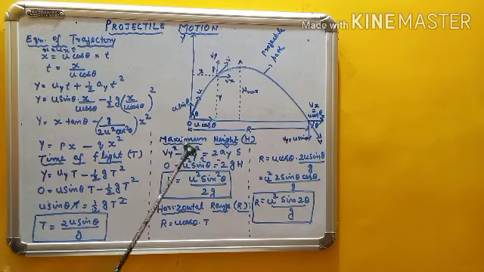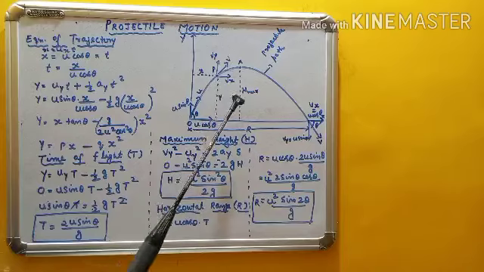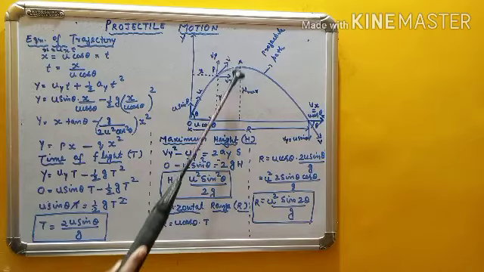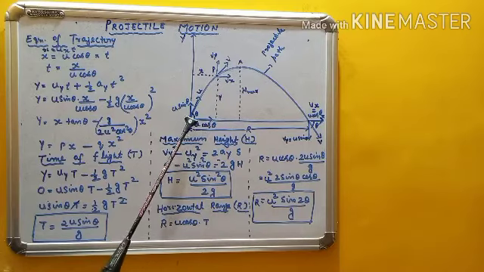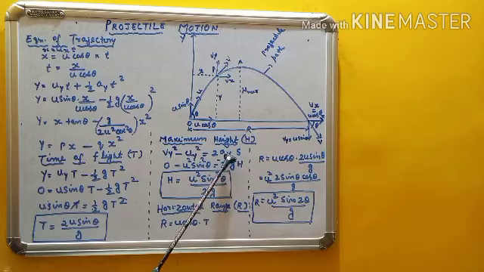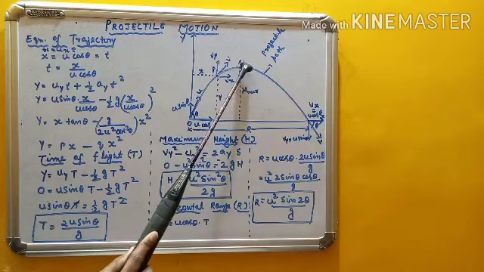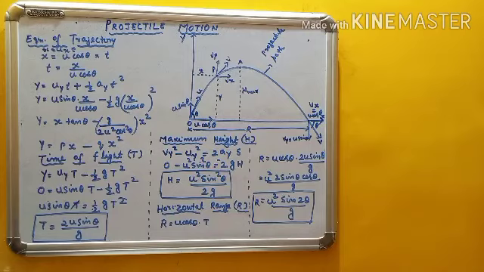Here Vy represents the final velocity along the vertical direction, uy the initial velocity along the vertical direction, ay the acceleration along vertical, and s the distance traveled in that time. At the maximum height there is no vertical component of velocity, it is reduced to 0. We already discussed that.